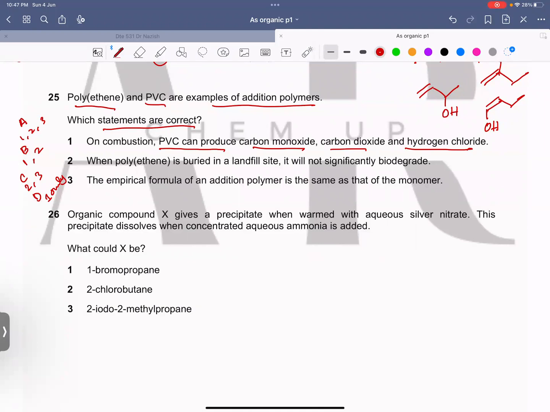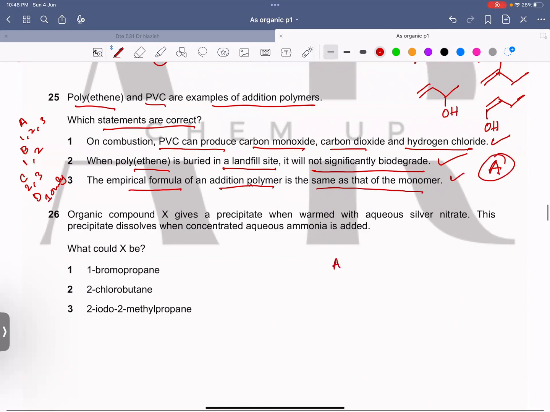So this can be a correct statement. When polyethylene is buried in landfill sites, it will not significantly biodegrade. Yes, this can also be correct because polyethylenes are not biodegradable. The empirical formula of an addition polymer is the same as that of the monomer. Yes, that is also correct. So A is your correct answer because all of these 3 statements are correct.